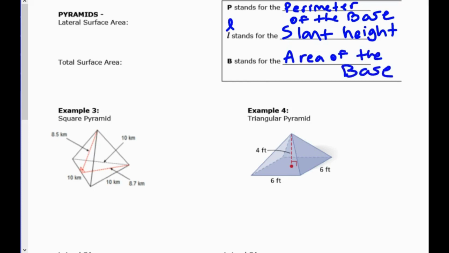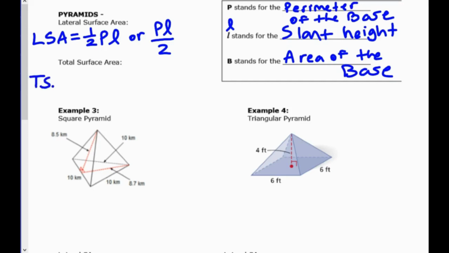Cool. So, we need these formulas. For a pyramid, lateral surface area is 1/2 PL, or if you want to make it into a fraction, it's just PL divided by 2. However you like to write it. So it's either 1/2 perimeter of the base times the slant height, or perimeter of the base times the slant height divided by 2.